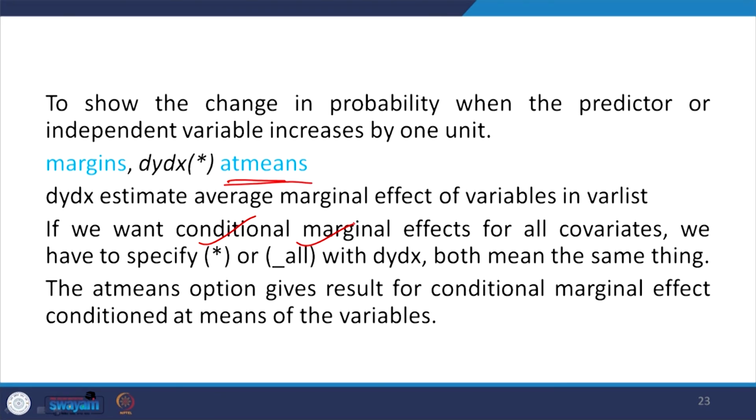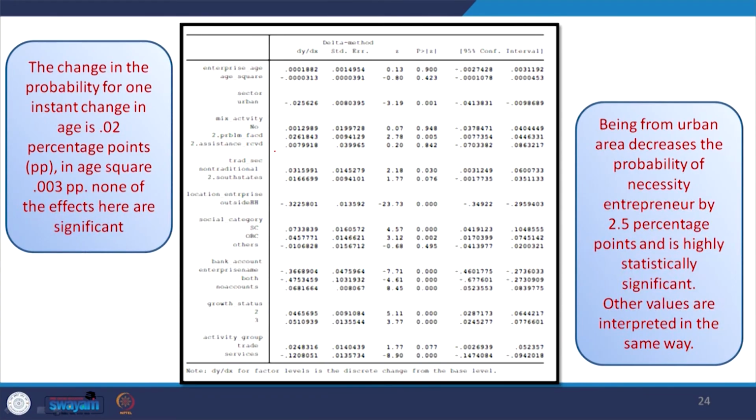So, if you simply go by this, that will give you the conditional marginal effects. The at means option gives the result of the conditional marginal effect, conditioned at the means of the variables. That is the conditional aspect we are referring to. Then we have to specify it.